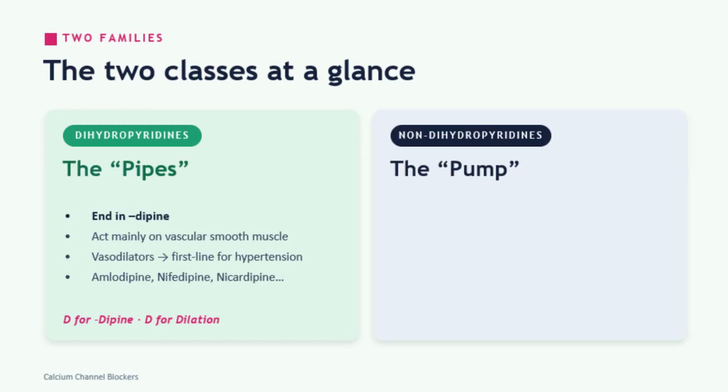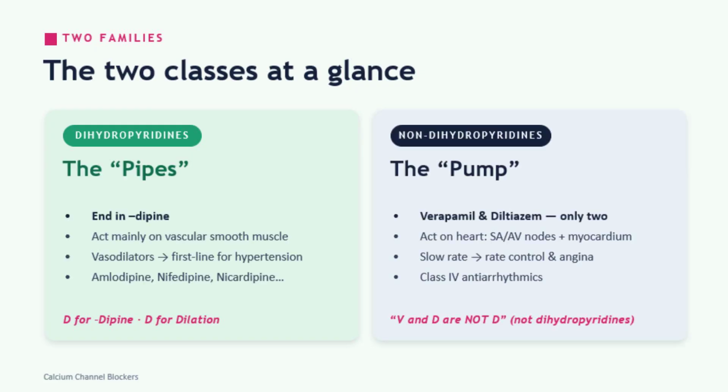This right here is the most important slide in the entire lesson, so lean in. There are 2 families of calcium channel blockers, and once you split them, everything becomes easy. Family 1, the dihydropyridines, they love the blood vessels, the pipes.